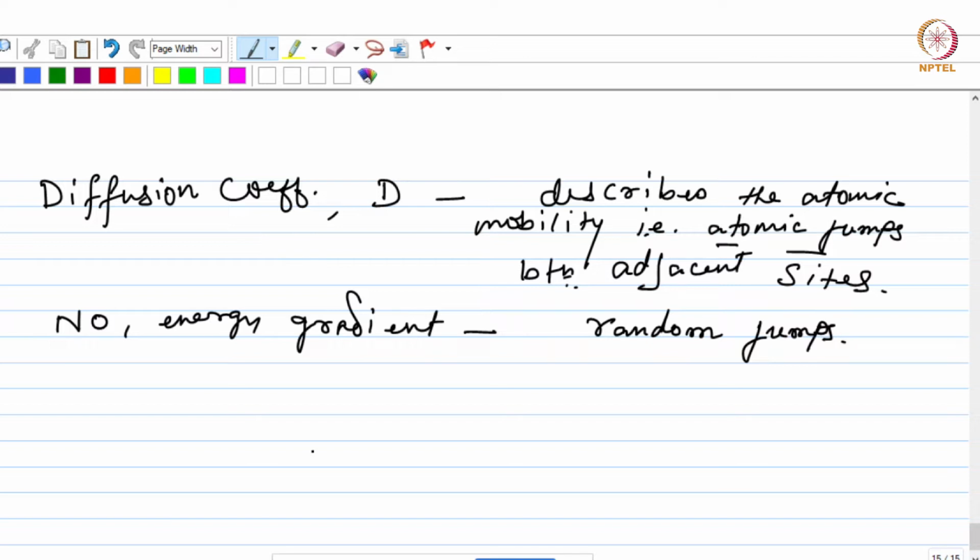So let us first see, if there is no energy gradient, how these atomic jumps will happen. As I said, in the absence of an energy gradient, statistically these jumps will be random, and therefore the concentration will remain homogeneous.